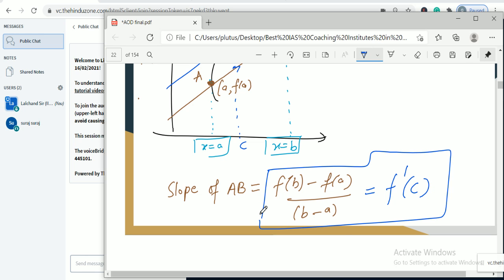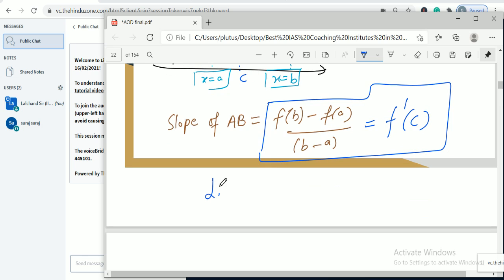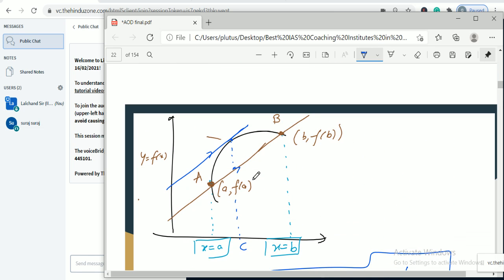This is the implication of Lagrange's mean value theorem, LMVT. Are you getting this point? There is a point in the interval (a, b) where the tangent is parallel to line AB. Is there any doubt in this? Anyone?